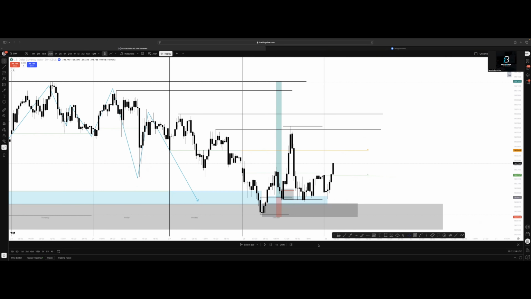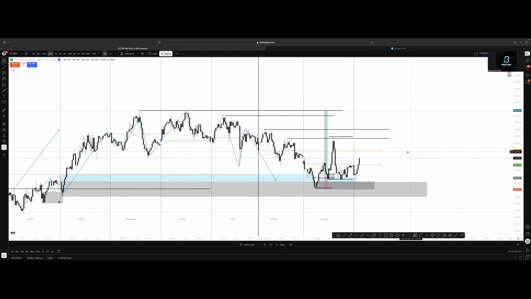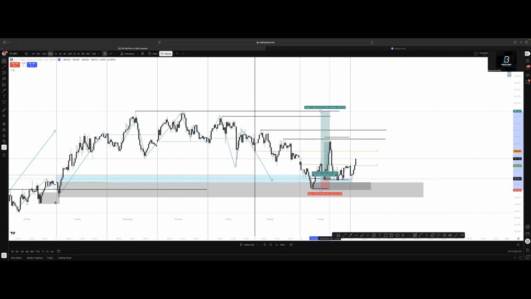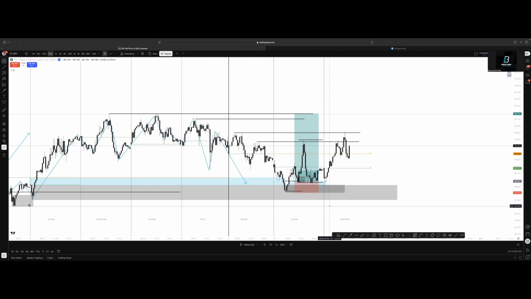This is Wednesday. This is now Wednesday, so I have two positions running already. And you see how price just continue to go back up and up.